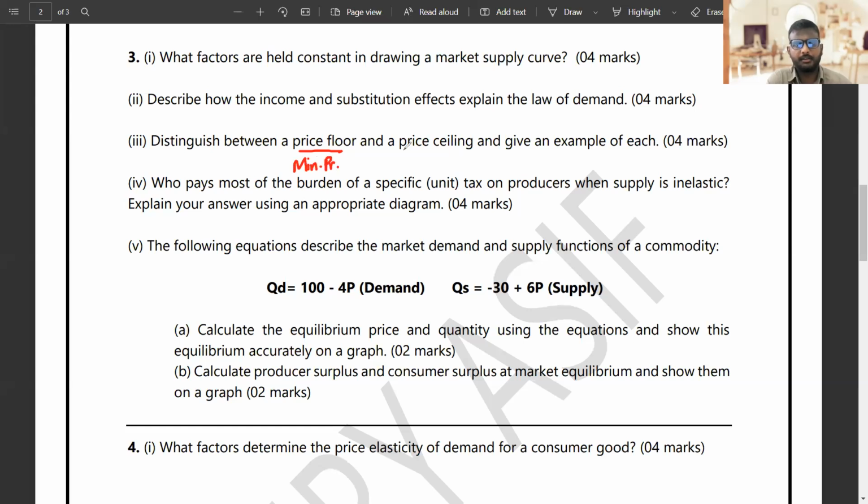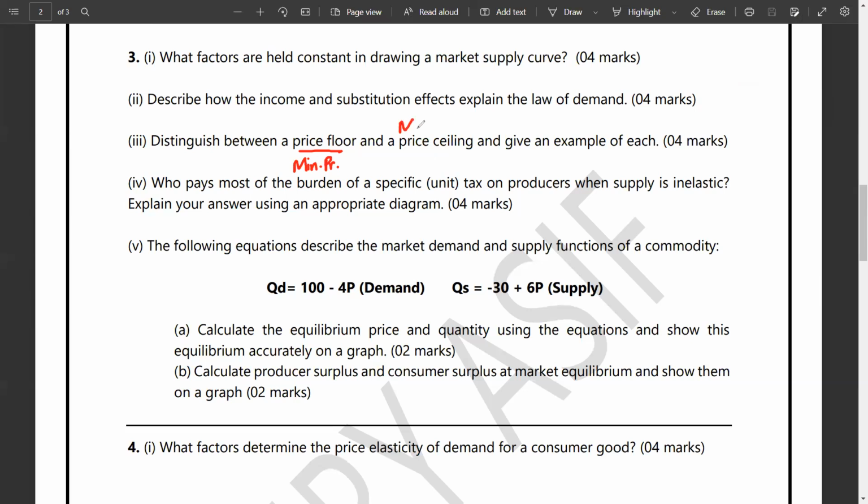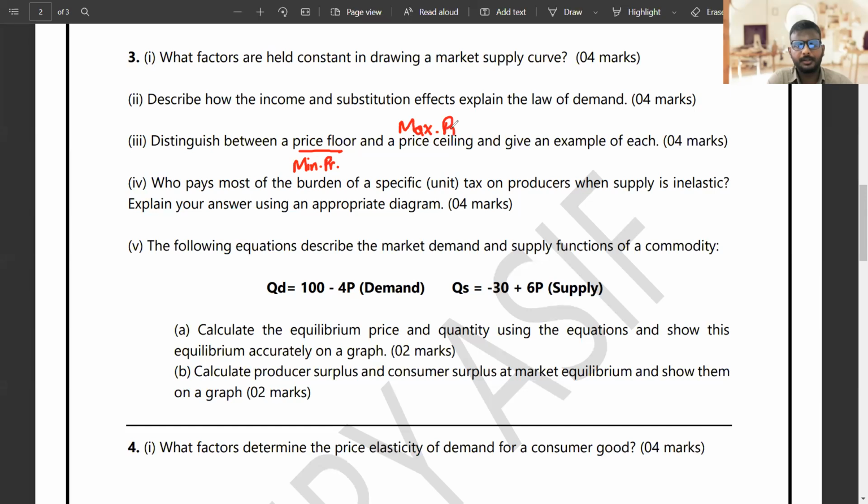Minimum price. Then for price ceiling, what's another name we give? Maximum price. Okay. So here the question is, distinguish between a price floor and a price ceiling and give an example of each. 4 marks, right?